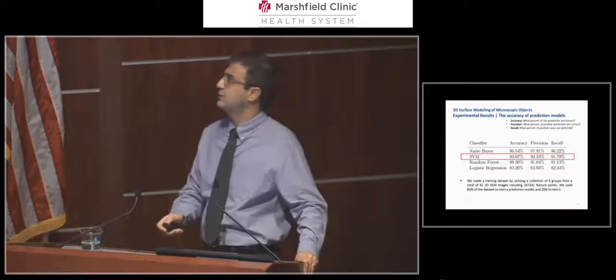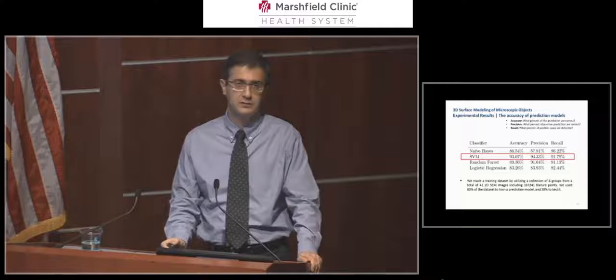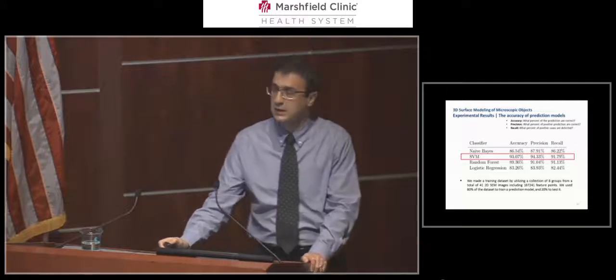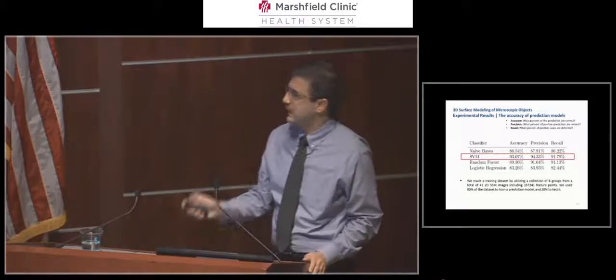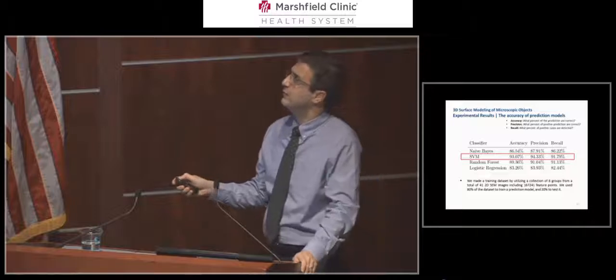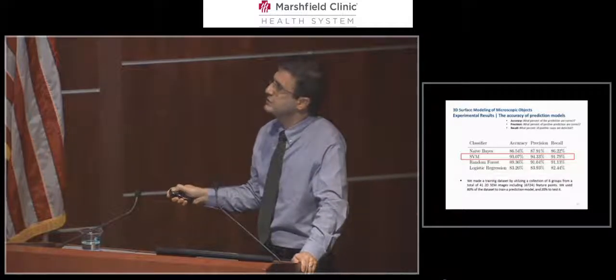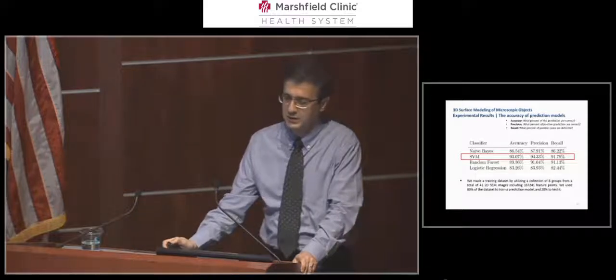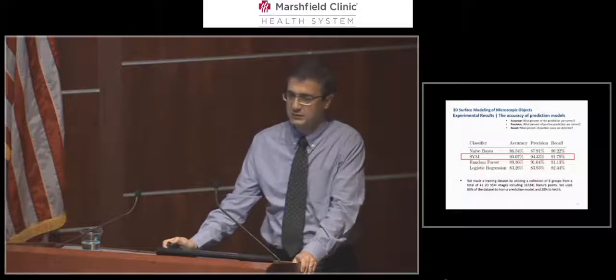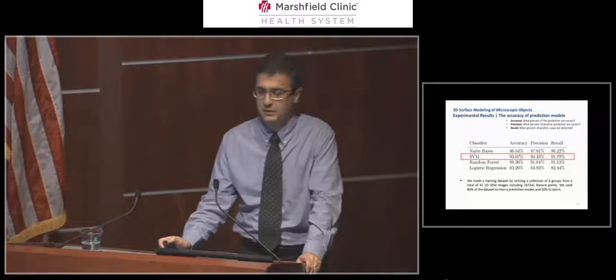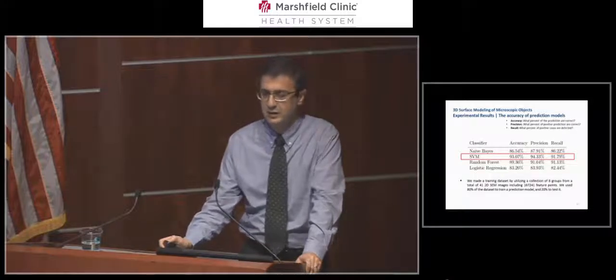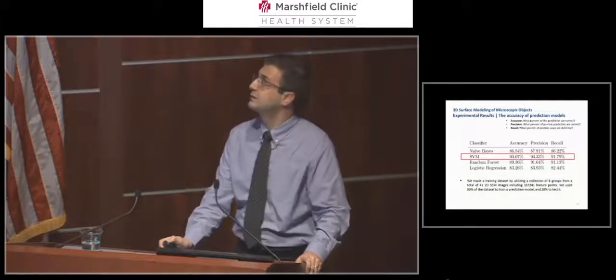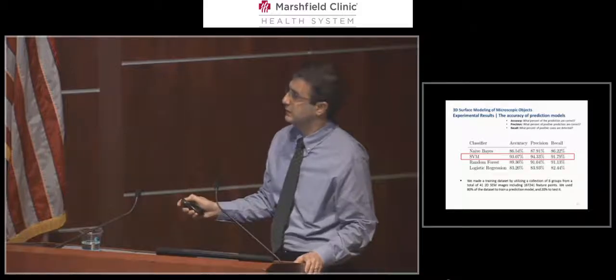Let's talk about the performance of the classification algorithm. There are three common ways to evaluate a classifier: accuracy, precision, and recall. Accuracy is what percent of the predictions are correct. Precision is what percent of positive predictions are correct. And recall is what percent of positive cases are detected.